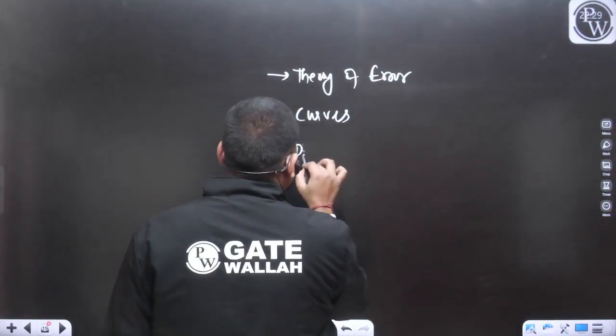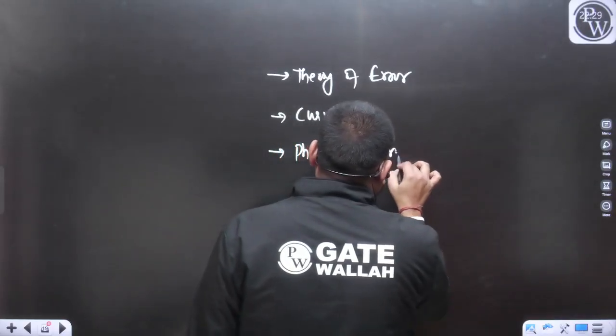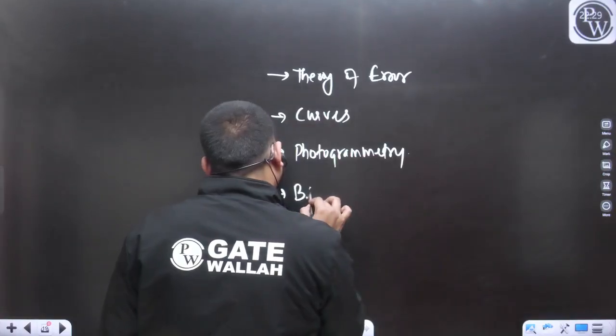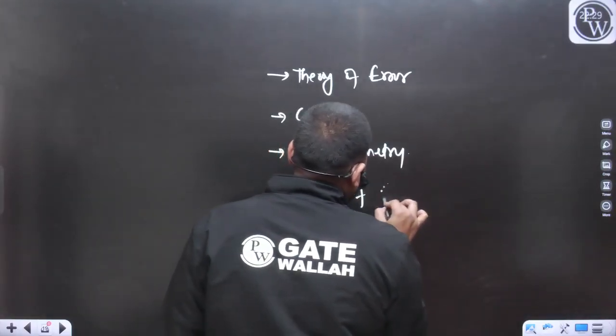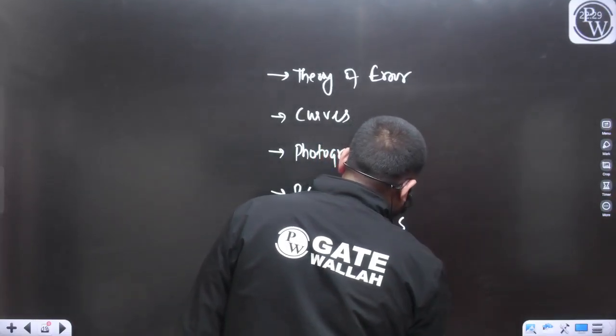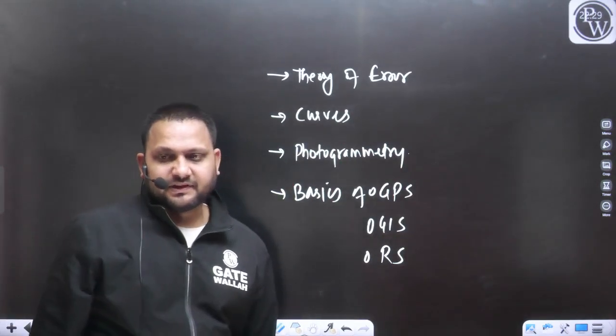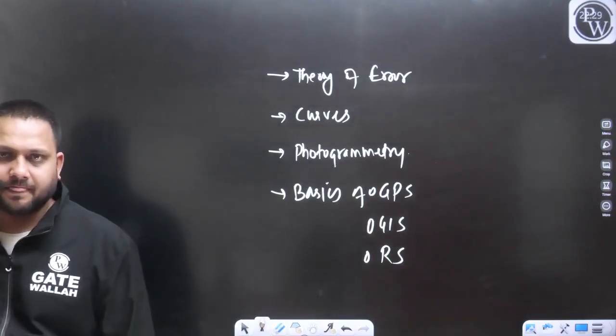We will talk about the photogrammetry survey. We will talk about the basics of GPS, GIS and remote sensing. These are the left topics, don't worry. These are the topics that we will also cover.